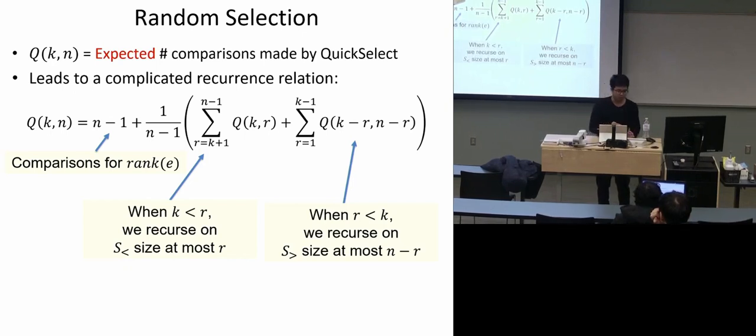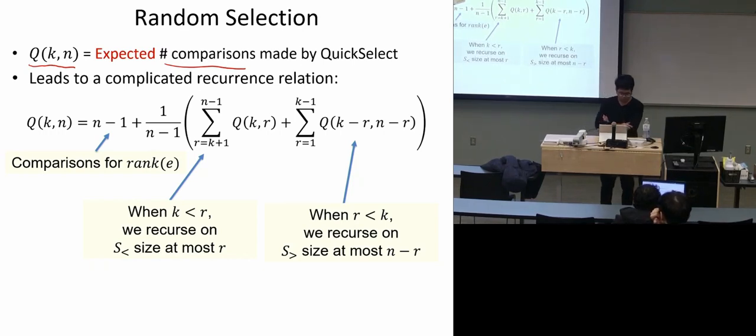Let me denote by T(n) the expected number of comparisons made by this algorithm. To analyze this, we need to write down the recursive equation, and it leads to something quite complicated. But let's go through it.